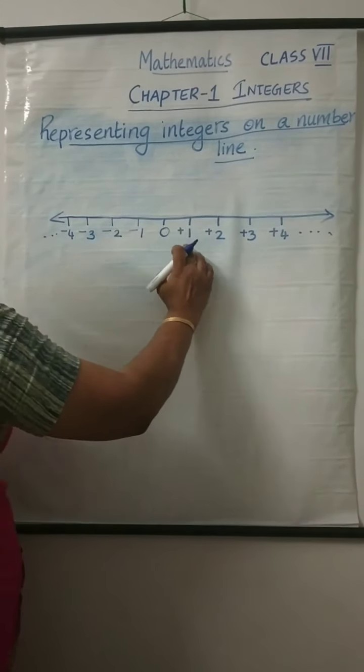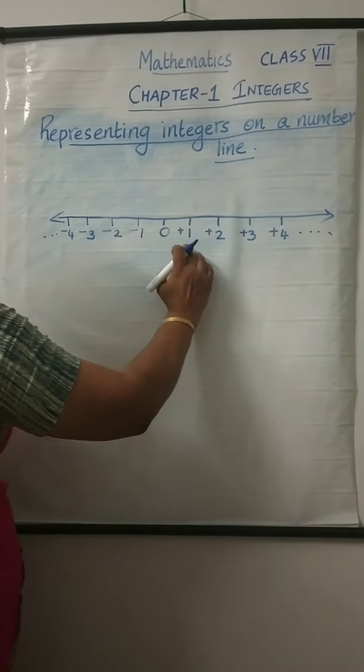Now we can add numbers using the number line. First question, add minus 3 plus 2. First you choose minus 3, then 2 units to the right. 1, 2.